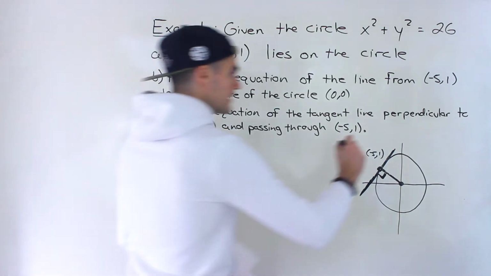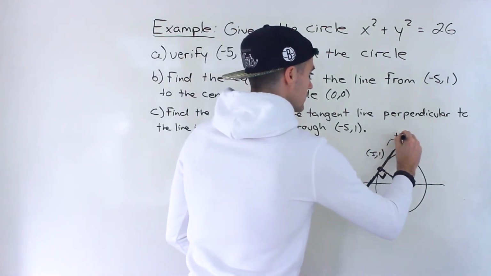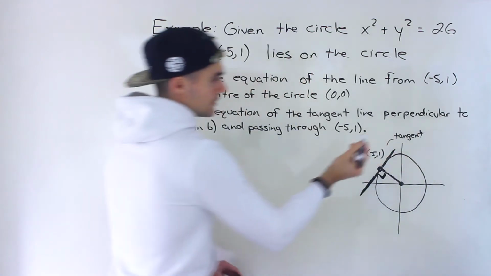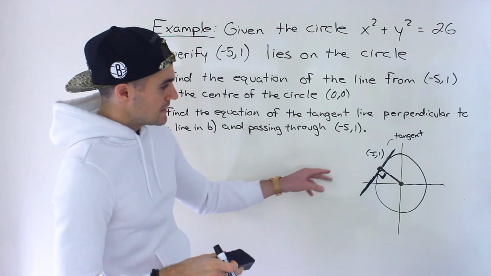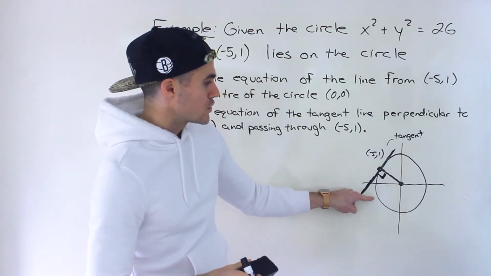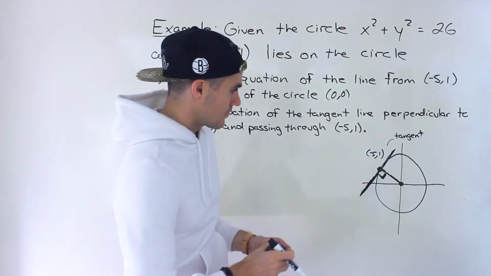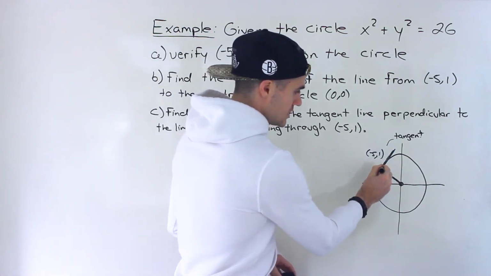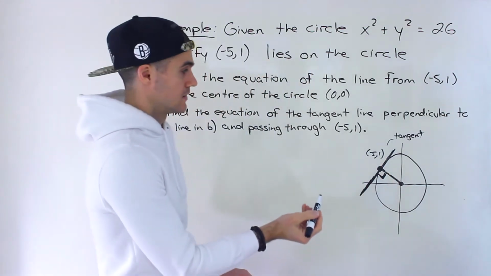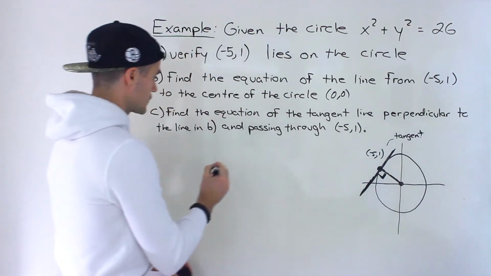Why it's called a tangent: you could just Google image this and you'll see that it's basically a line that goes through the graph of a function or a relation and just touches the graph at one point. It doesn't necessarily have to be for a circle.